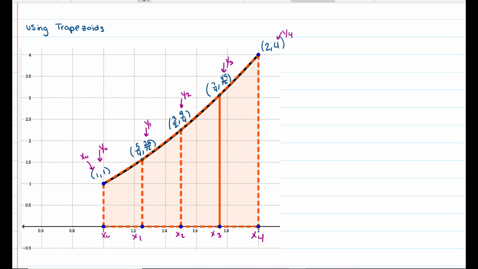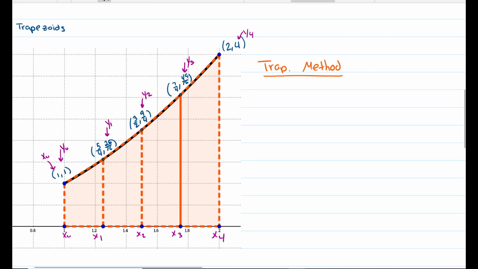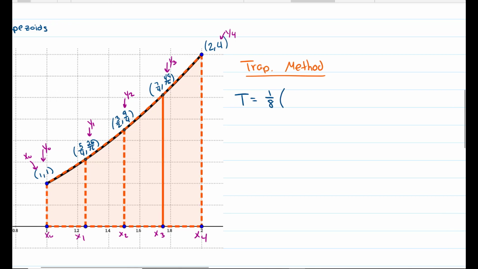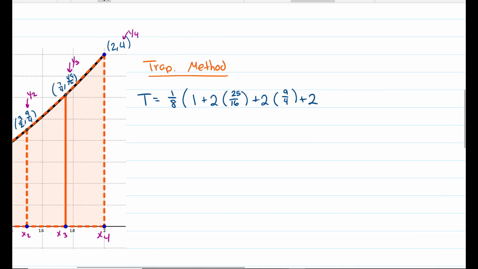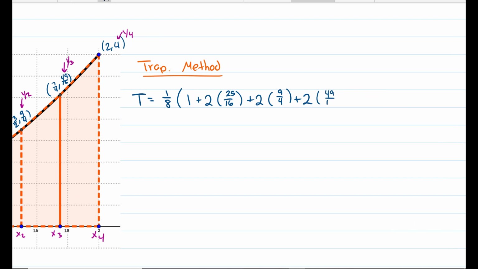So using the trapezoid method, we get that the trapezoid is equal to 1/8, which is h over 2, times y0, which is 1, plus 2 times y1, which is 25 over 16, plus 2 times y2, which is 9 over 4, plus 2 times y3, which is 49 over 16, plus y4, or the last value of y, which is 4.